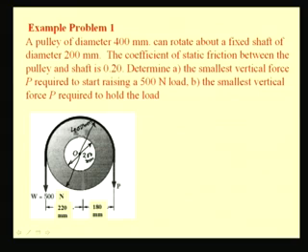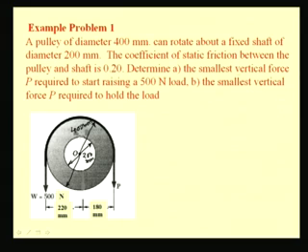We are interested to determine the smallest vertical force P required to start raising a 500 Newton load. So, we have this 500 Newton load attached to a belt passing over this pulley, and this force P is being applied in order to raise this.